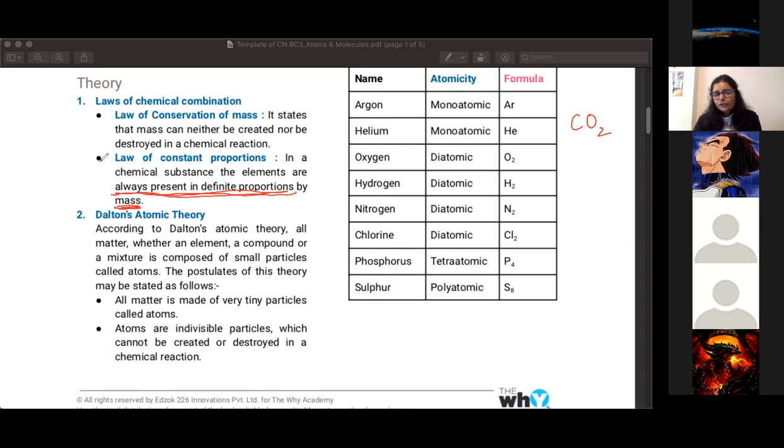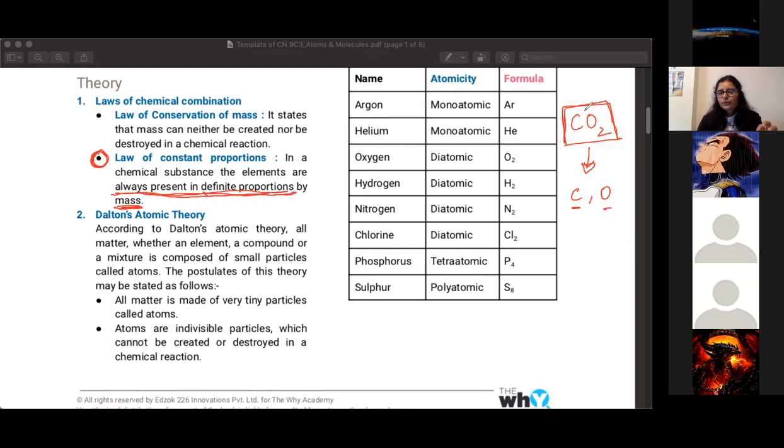So what this law is saying is that if we take that chemical substance as carbon dioxide, the elements are always present in definite proportions. So what are the elements that you find in carbon dioxide? Carbon and oxygen. Yes, correct. So carbon dioxide is made of carbon and oxygen, and these elements are always present in definite proportions by mass.